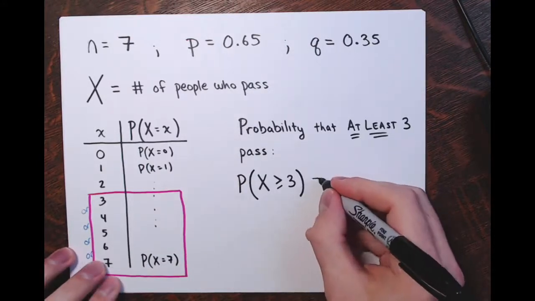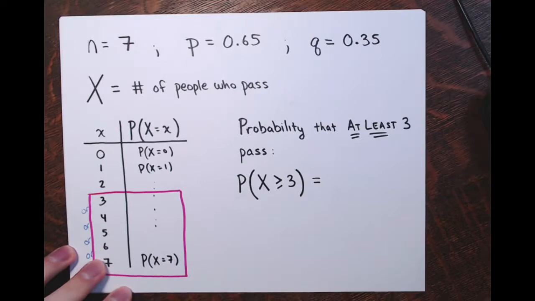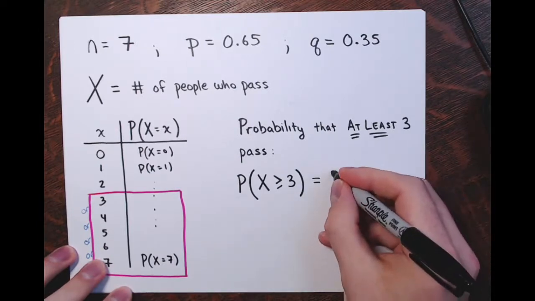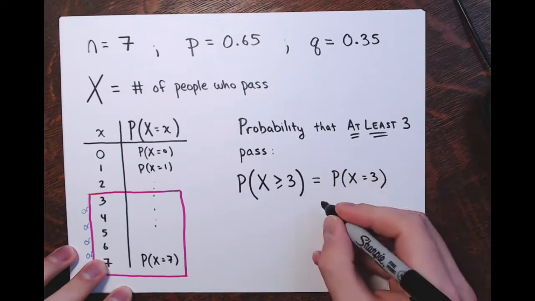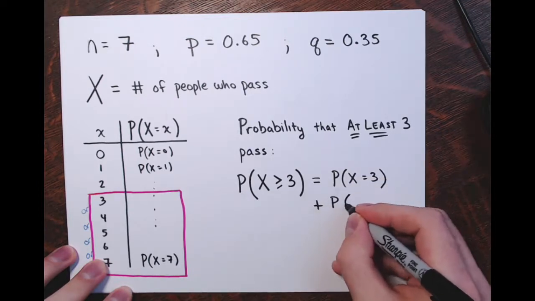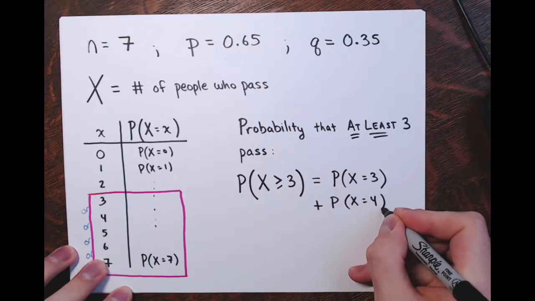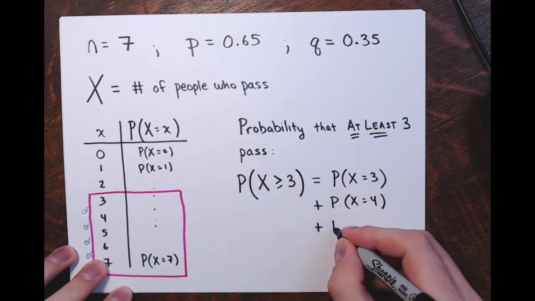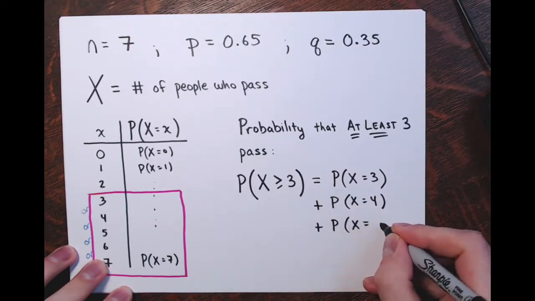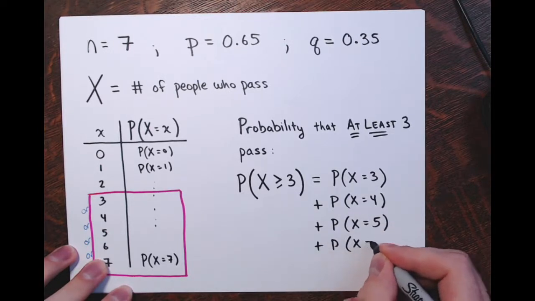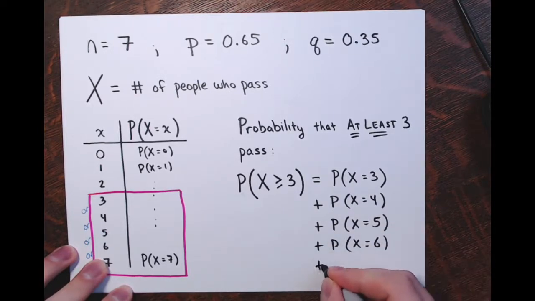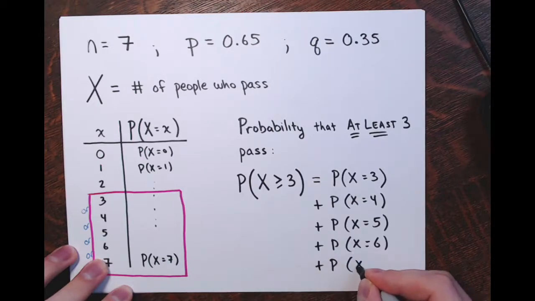So the probability of having at least 3 pass is the probability that exactly 3 passes plus the probability that exactly 4 of them pass plus the probability that exactly 5 of them pass plus the probability that exactly 6 of them pass, and then finally the probability that exactly 7 of them pass.